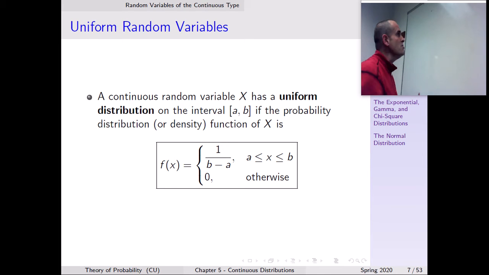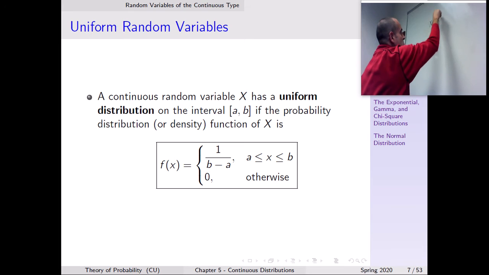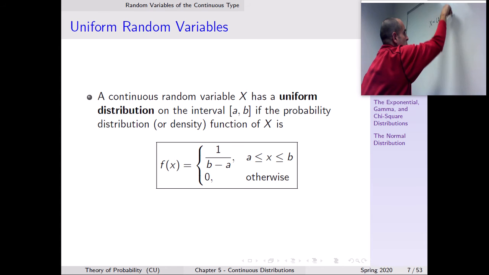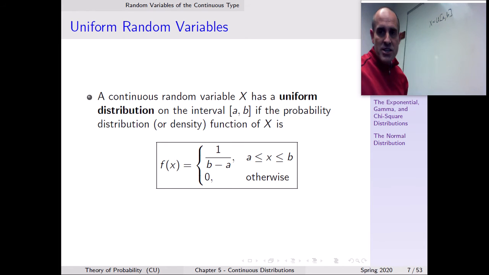And incidentally, for a uniform distribution, what we usually write is x distributed as uniform AB, or whatever the interval is that you happen to be on. It wouldn't even really matter if you excluded one of those endpoints, because again, the probability of being equal to any value is still 0.